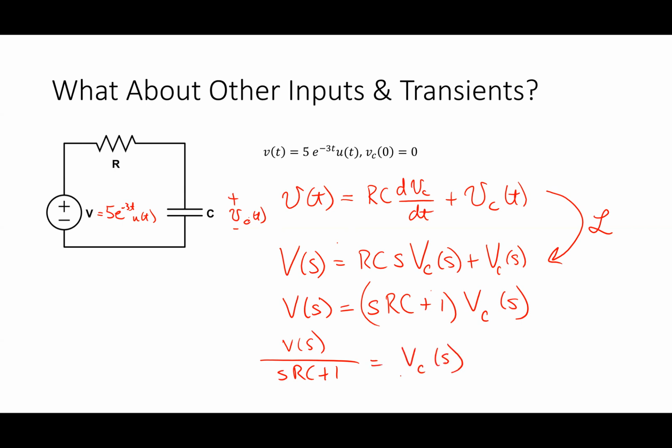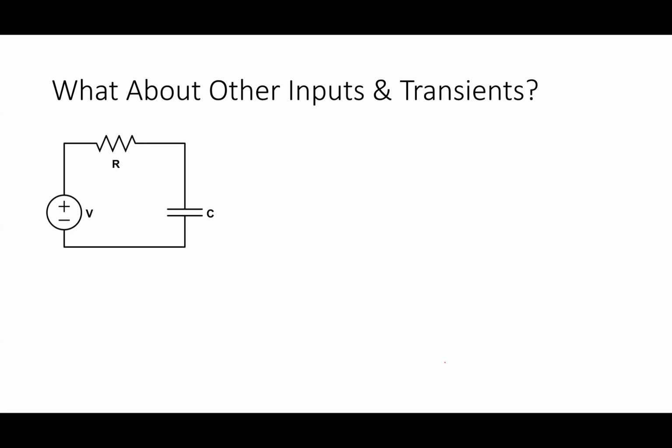So what I then do is I plug in, well, what is the Laplace transform of this signal, 5e to the negative 3t u of t, right? So we had V of s over sRC plus 1 is equal to V sub C of s.